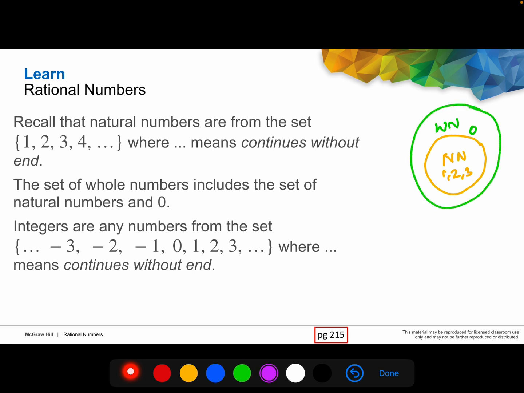And then the latest that we've learned are our integers, which include our natural numbers and whole numbers and negative numbers like -1, -2, -3, and so on.